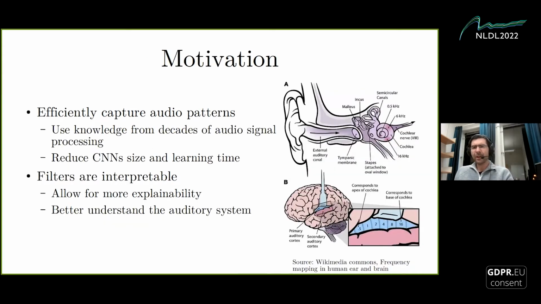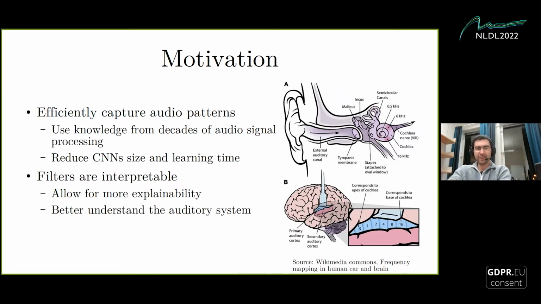And why? What is the motivation of doing that? First, to make the learning process more efficient. We inject expert knowledge from decades of audio signal processing, where people have investigated how the ear processes sounds and what the small waveforms are that efficiently capture audio patterns.